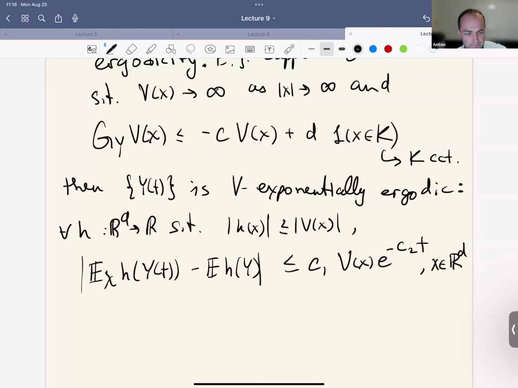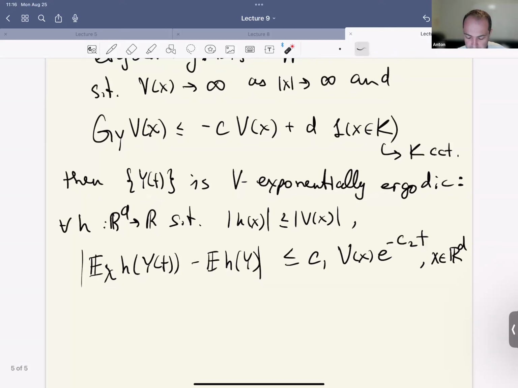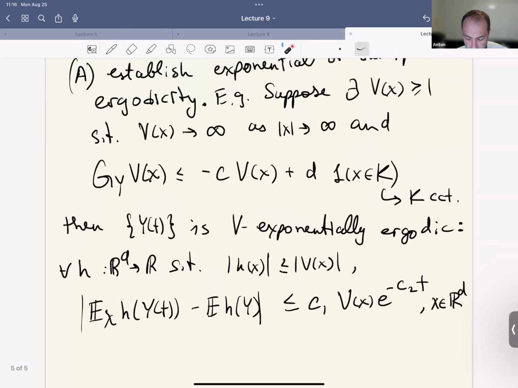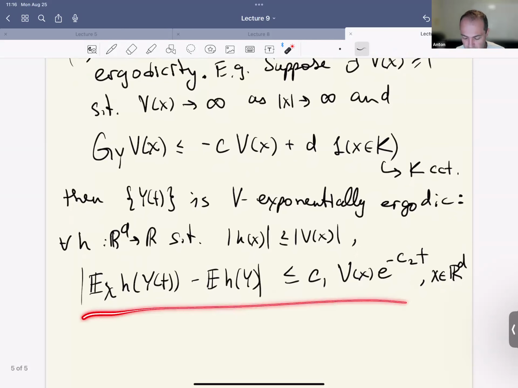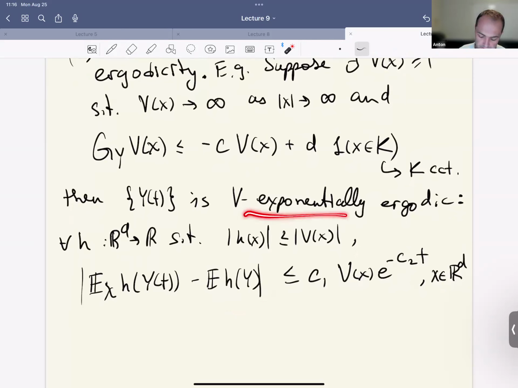So last time I just kind of flashed the concept of exponential ergodicity. This is what we call V exponentially ergodic.